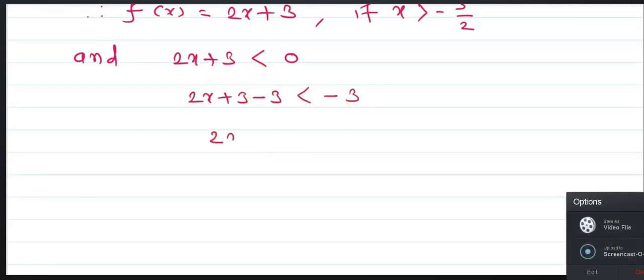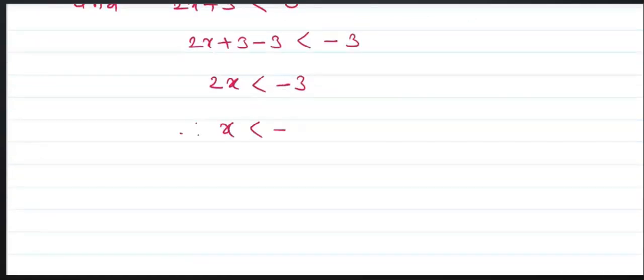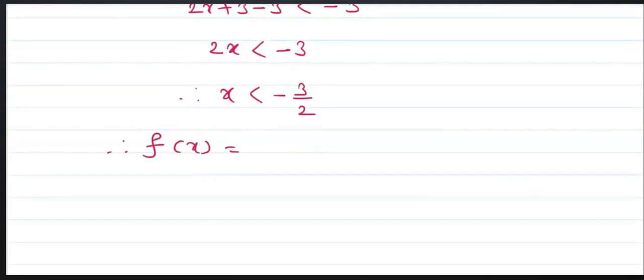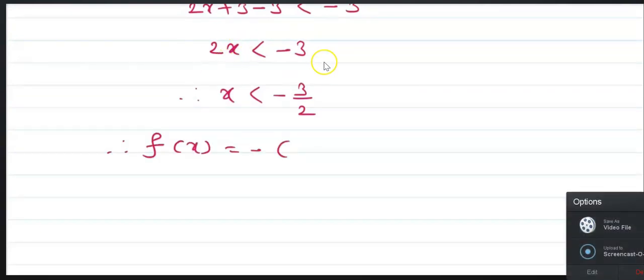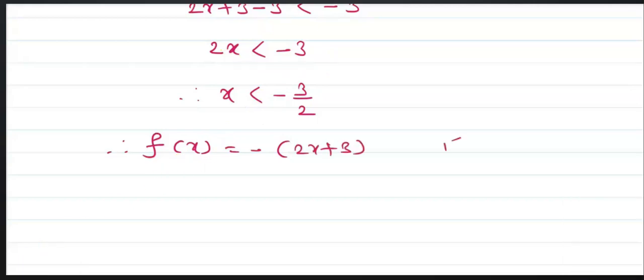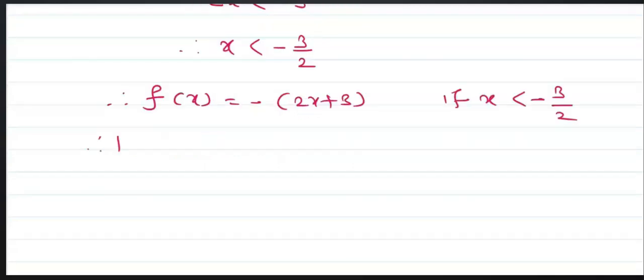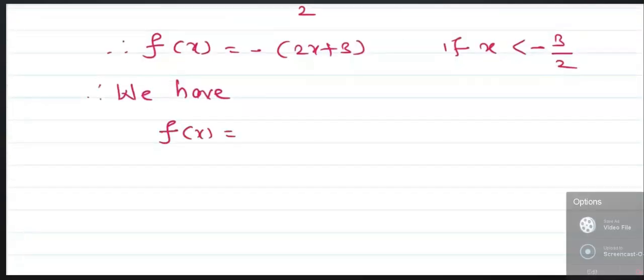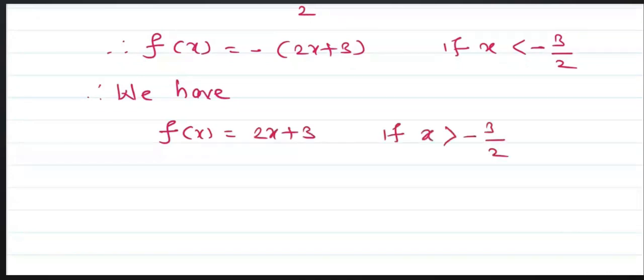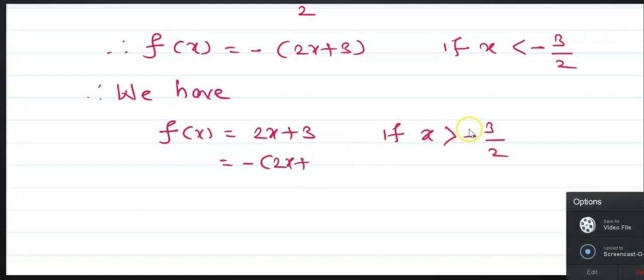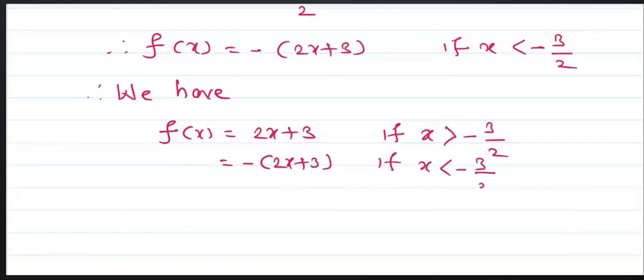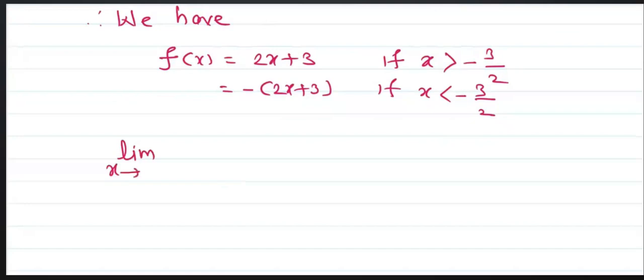Therefore, 2x is less than minus 3, and that's why x is less than minus 3 by 2, by dividing on both sides by 2. Now see here: f of x is equal to minus 2x plus 3 if x is less than minus 3 by 2. And that's why we have the function f of x equal to 2x plus 3 if x is greater than minus 3 by 2, and f of x equal to minus 2x plus 3 if x is less than minus 3 by 2.